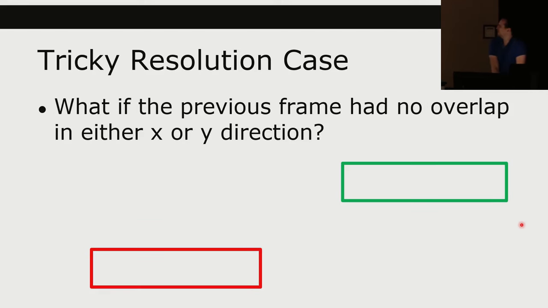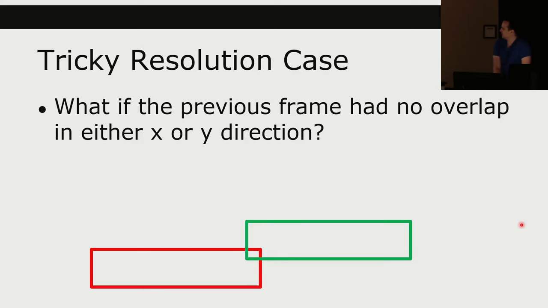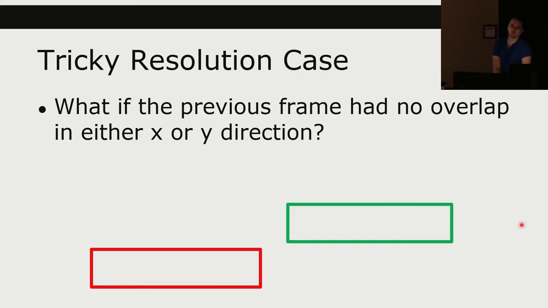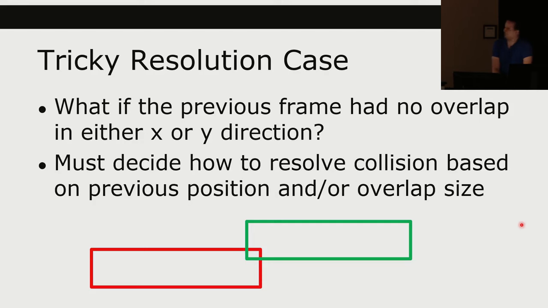But the ones who are paying attention have noticed that there's still another case. What if the previous frame had no overlap? So it came in from a diagonal, right? Well, this is just a tricky case. What you have to do is decide on some sort of priority. You must decide how to resolve this collision based on the previous position and/or overlap size.